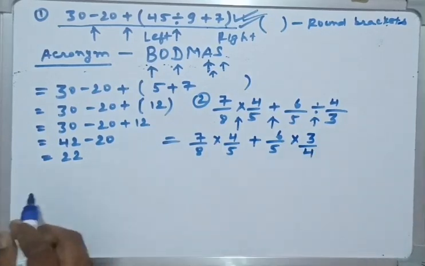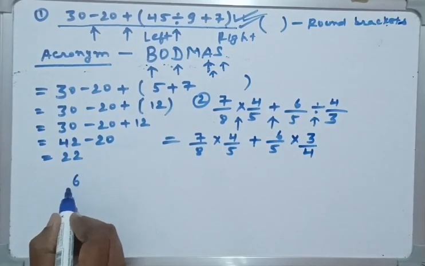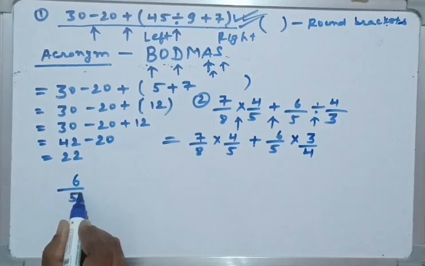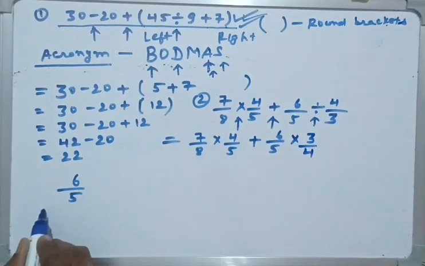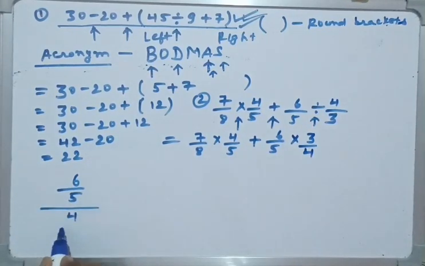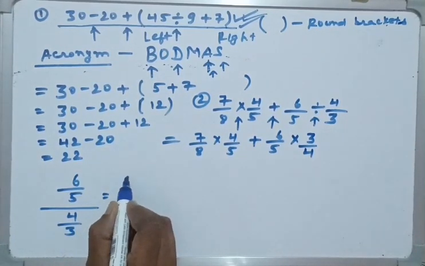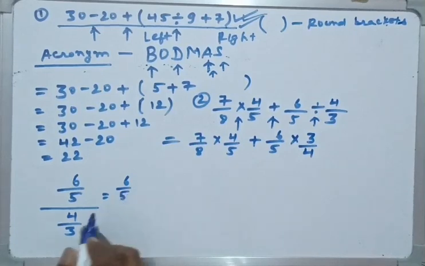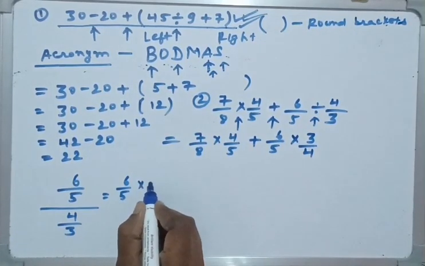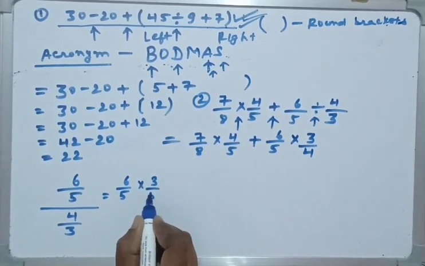How do I write it? See, if you write it as 6 by 5, then you can also write this as 4 by 3. When this number goes up, then this becomes a multiplication.